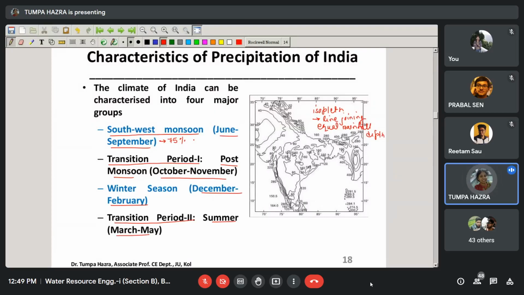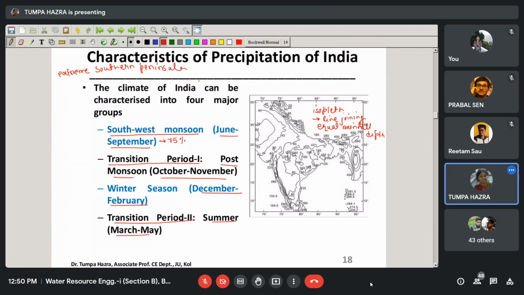Maximum rainfall occurs in July basically. Now it has quite shifted to August also, in all parts of India except the extreme southern peninsula and Jammu and Kashmir.